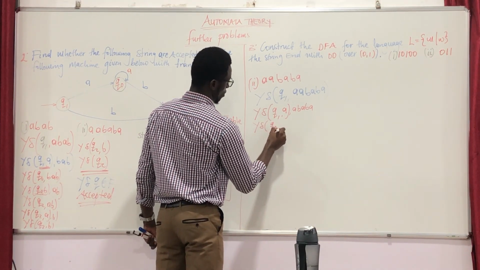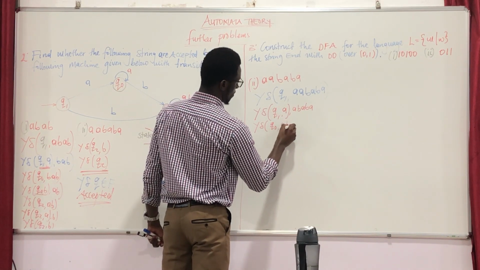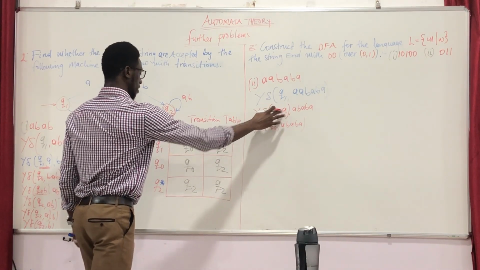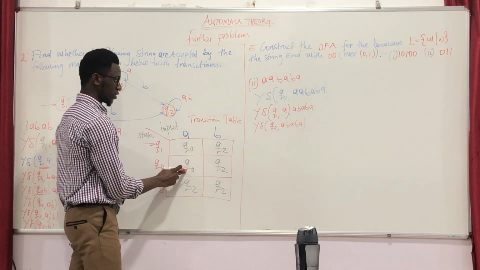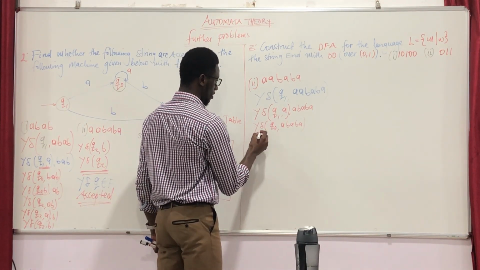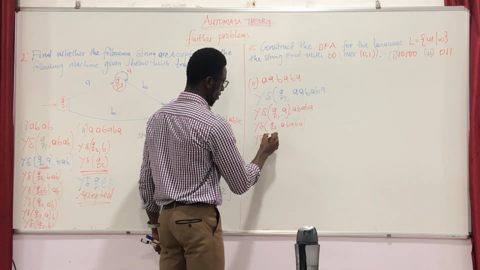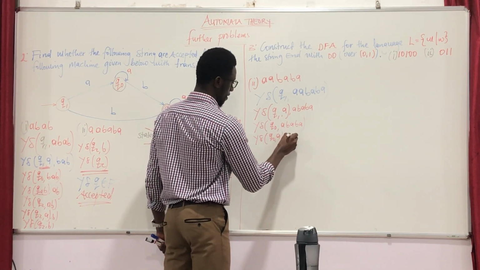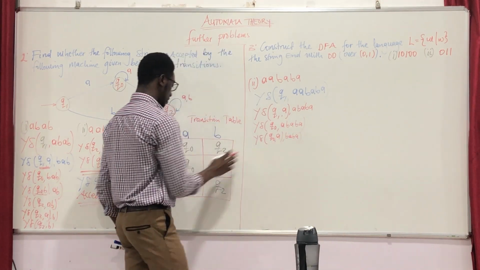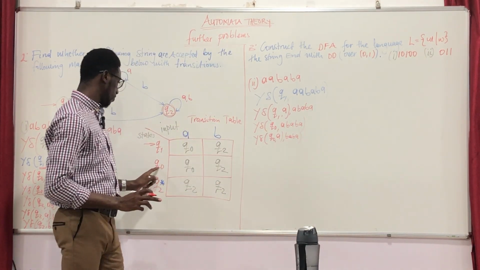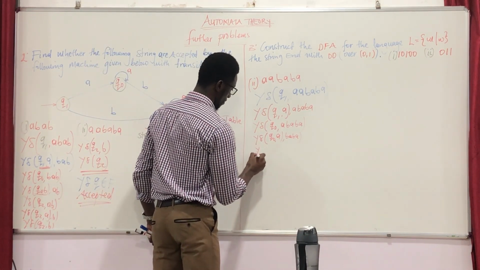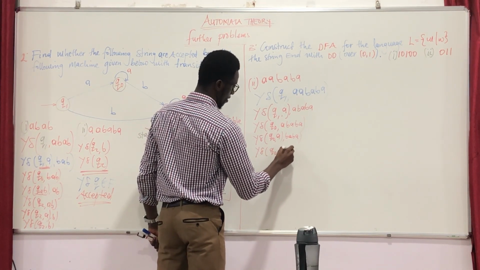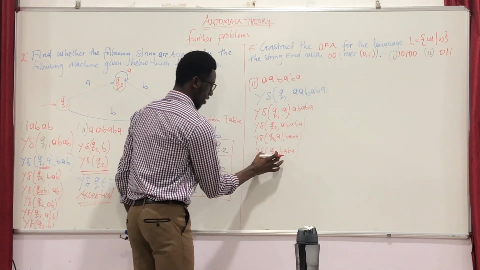This is Q0, comma, A, B, A. Q0A is Q0. Then Q0A again is just Q0, comma, B, A.